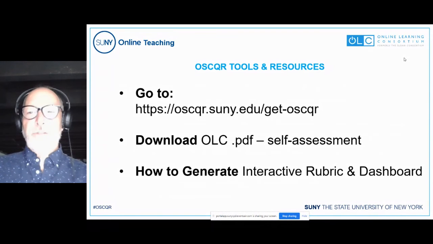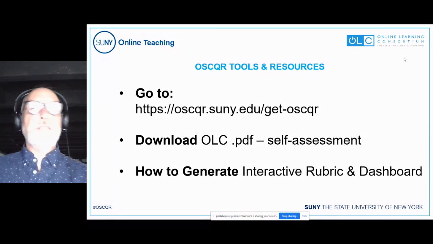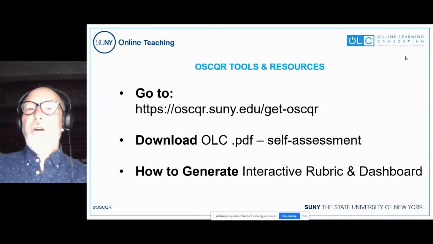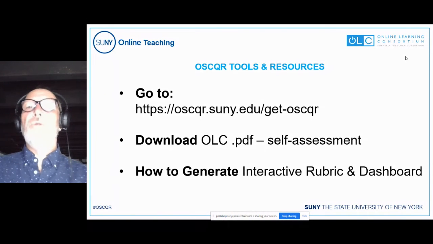We have a self-assessment piece for the Oscar rubric. It comes in two forms. We have a PDF that is used for self-assessment. It is hosted by the Online Learning Consortium, with whom we are partners in the Oscar rubric. But off of oscar.suny.edu, there is also a way to generate your own Google form.